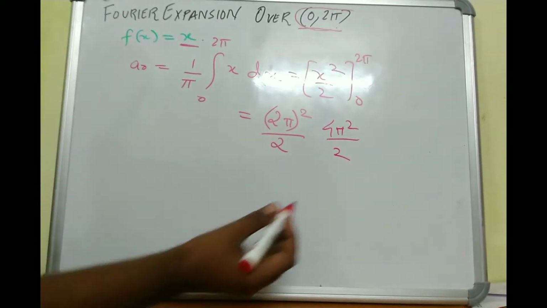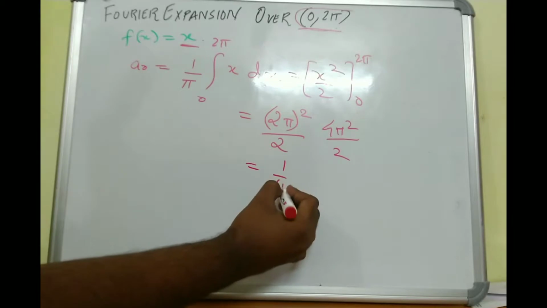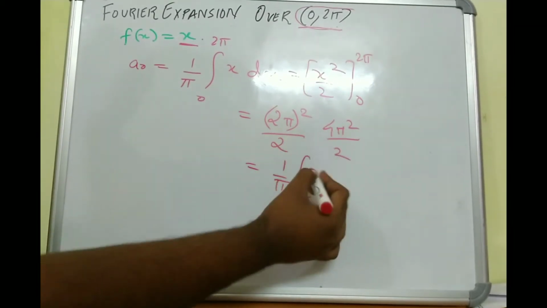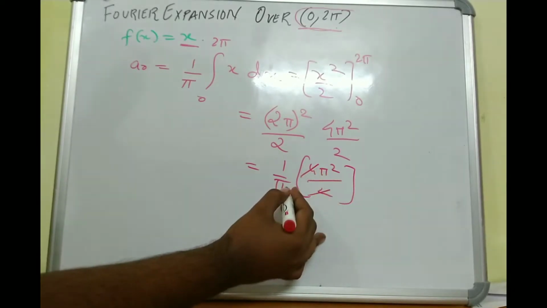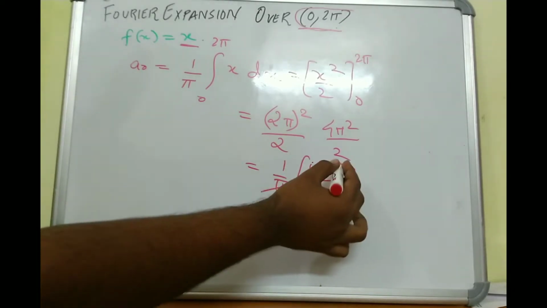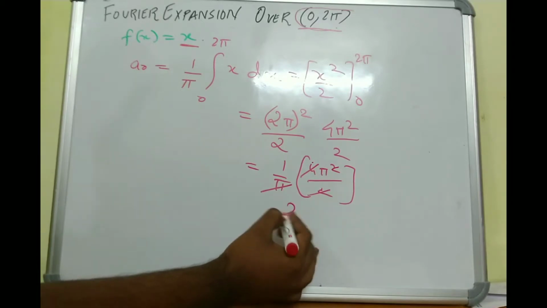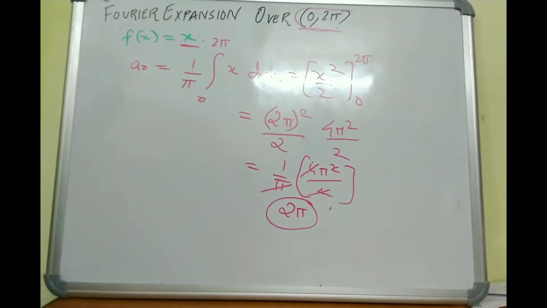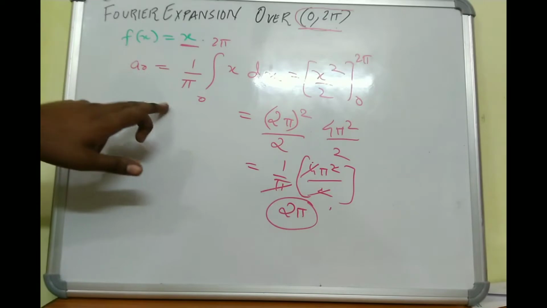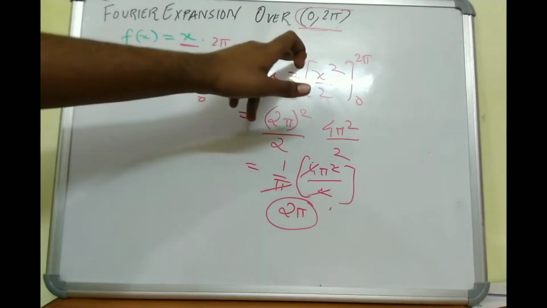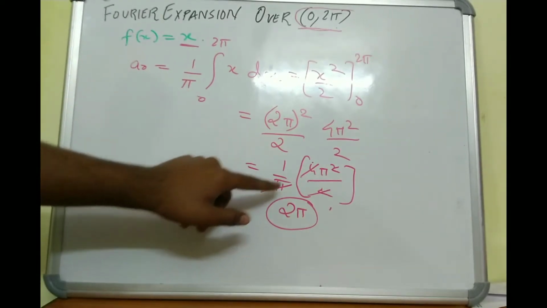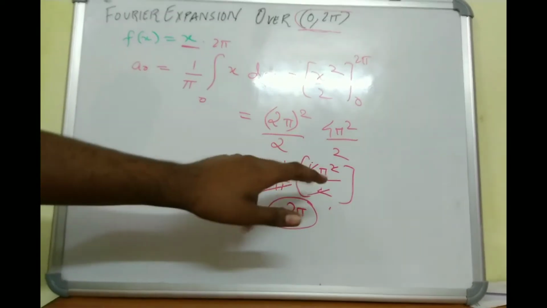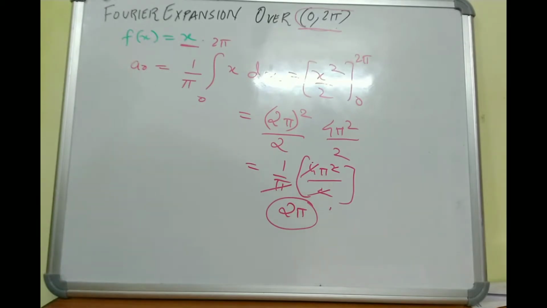So 1 by pi into 4 pi square by 2. The 2s cancel, and a pi cancels, so this becomes 2 pi.